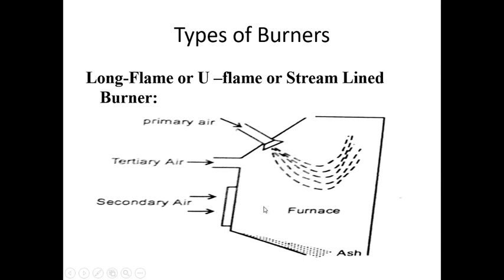The tertiary air is used to create turbulence with the secondary air. So with more turbulence, more complete combustion can be expected. Once the fuel is burned, the ash is here. The ash handling system will be just below this.